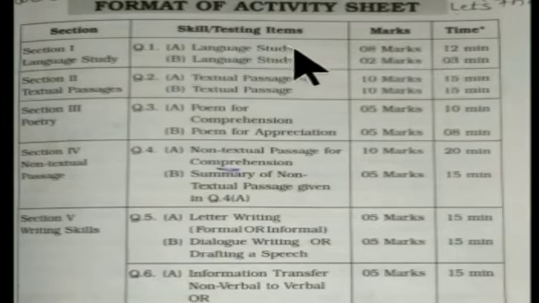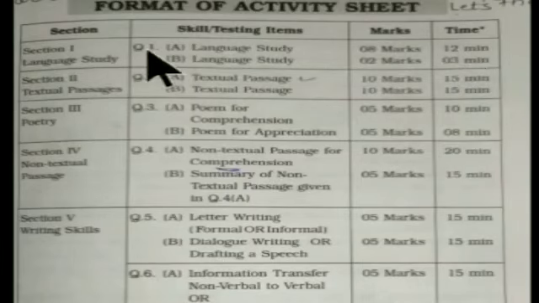In that question, there are 6 sub questions, and you have to write answers to only 4 questions for 8 marks. Each question is for 2 marks and you have to attempt in 12 minutes.